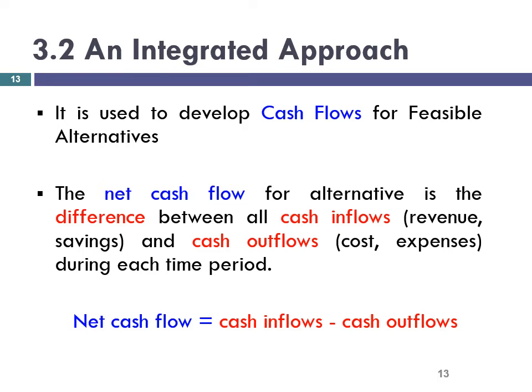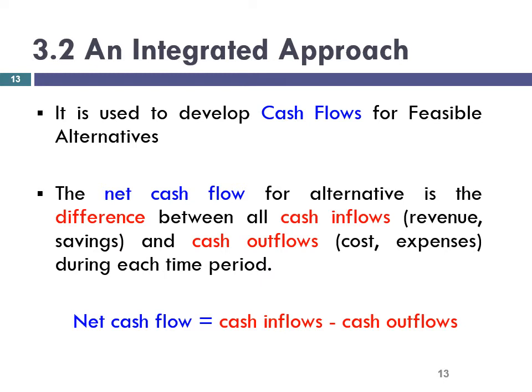Now let's learn how to develop cash flows for feasible alternatives. In this section, we will learn an integrated approach to develop net cash flows for feasible project alternatives. But first of all, what is a net cash flow? We need to know this.